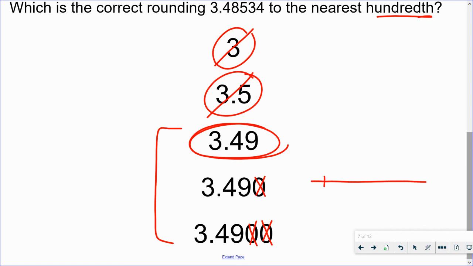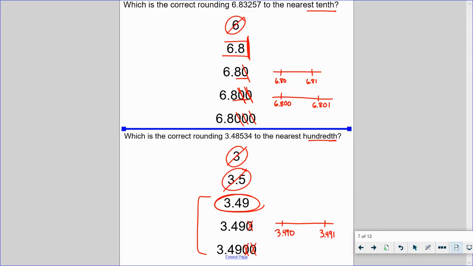This makes it look like you're rounding not to the hundredths, but that you're rounding to the thousandths place. So do not put those extra zeros in. In other words, you go to the place value that they say, and then you stop. Go to the tenths place and stop. Go to the hundredths place and stop. No extra zeros that make it look like you're rounding even further.